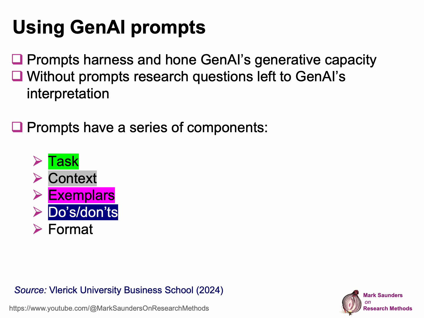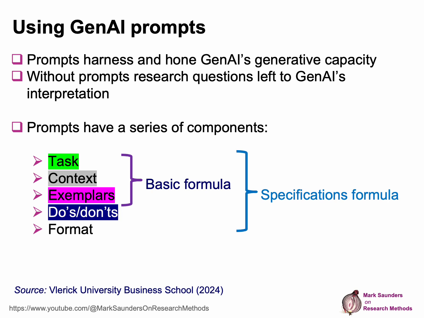Then there's the context in which you wish to do it, and then some examples perhaps, or exemplars. And these form the basic formula. We can actually develop this still further by adding in do's and don'ts, and things like what format we want it to be in. So this whole thing together is the specifications formula.